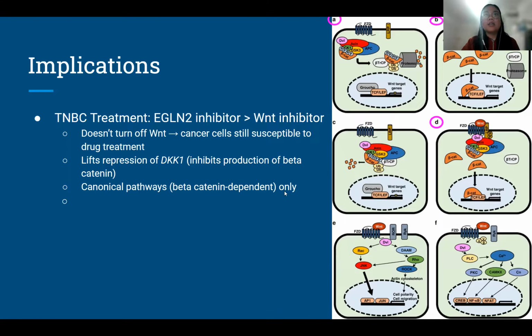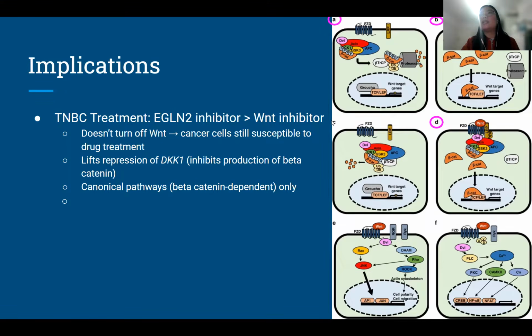What we mean by canonical pathways is that they are beta catenin independent. You can see that there are currently 6 pathways introduced or discovered, and pathways A, B, and D all contain beta catenin. It's kind of like a cofactor for that.